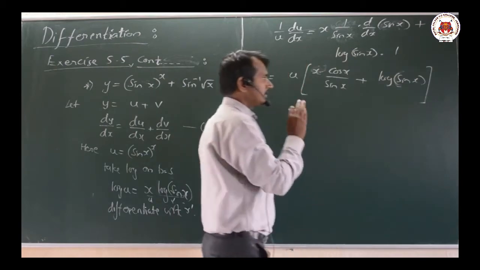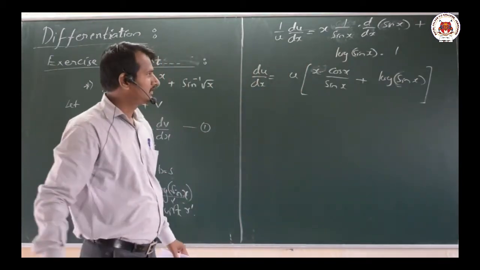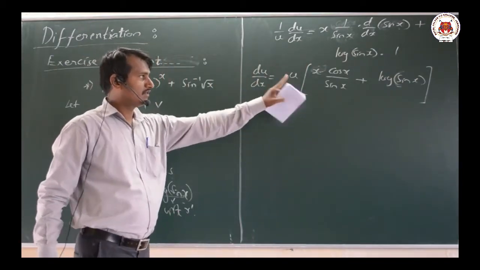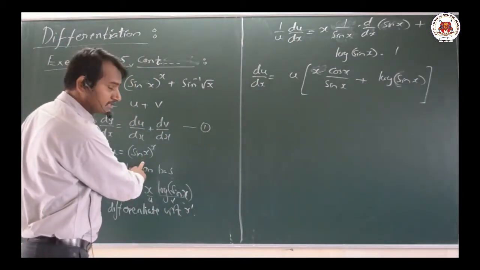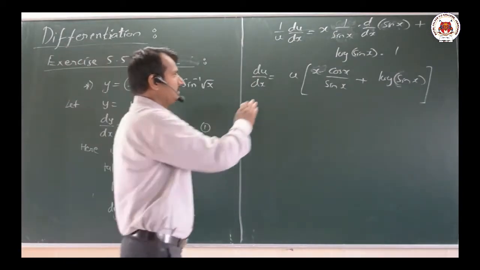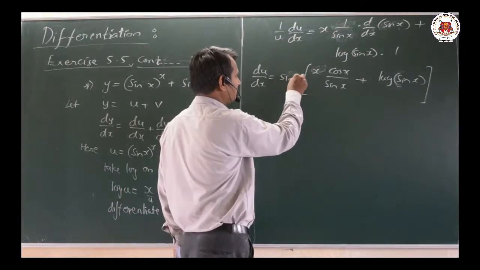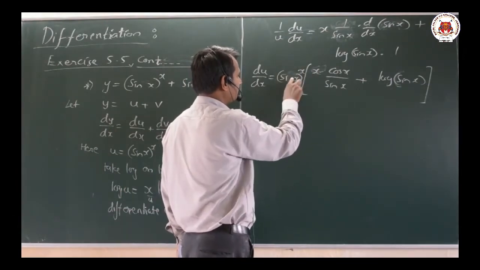This is your required du by dx. Now what is the value for u here? The u value is nothing but (sin x) to the power of x, that we shall substitute.